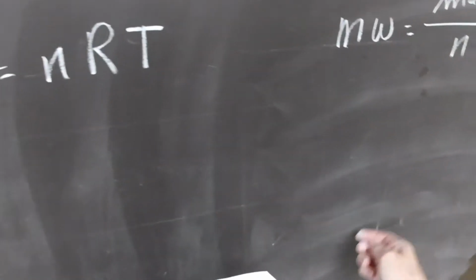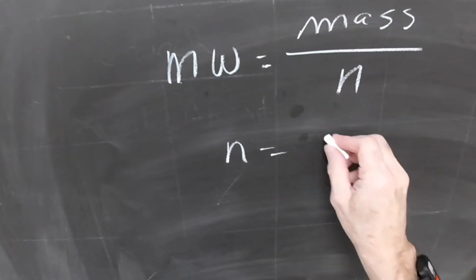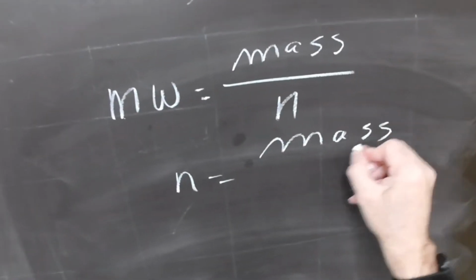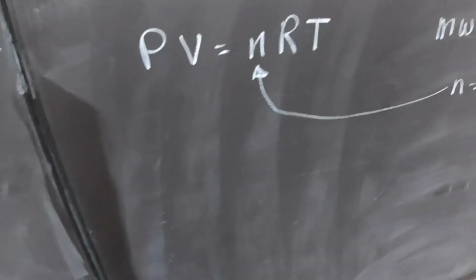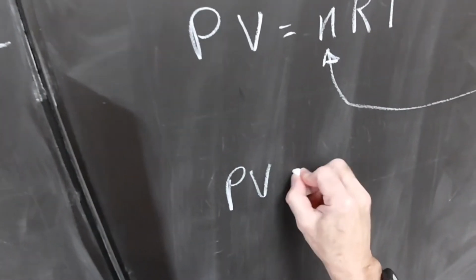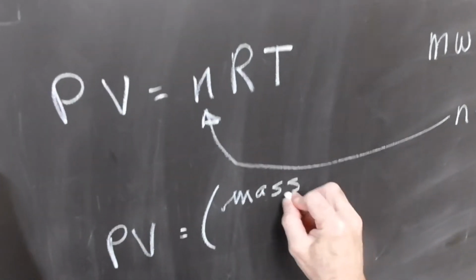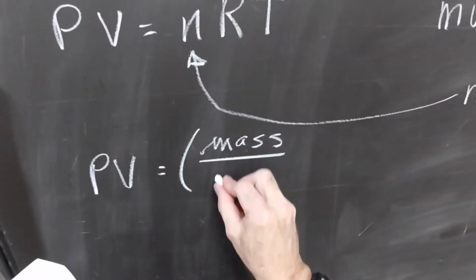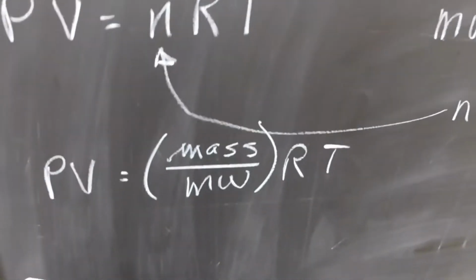Okay? So the document here takes this one and solves it for moles. Moles over here, molecular weight over here. And then substitutes in there for that one. So that gives us the ideal gas equation for mass divided by molecular weight times the gas constant times temperature.